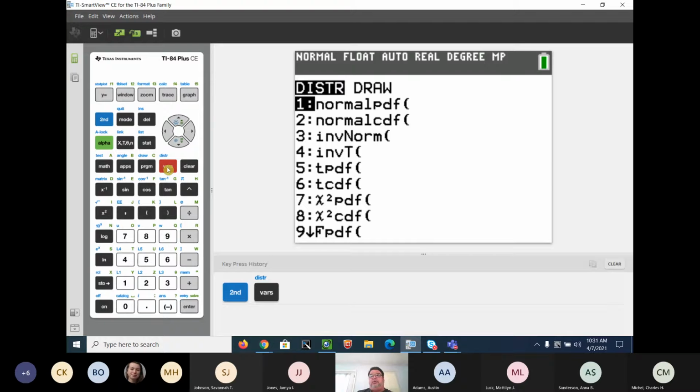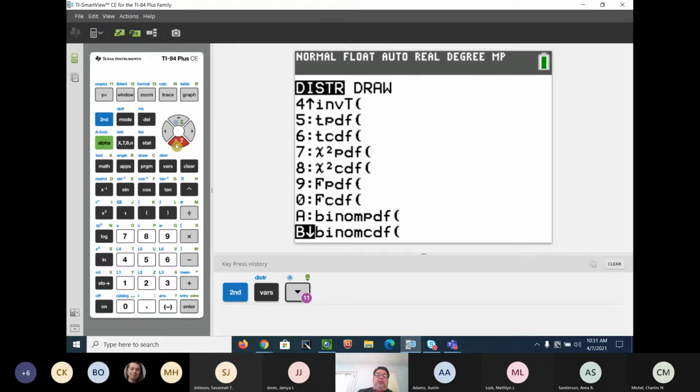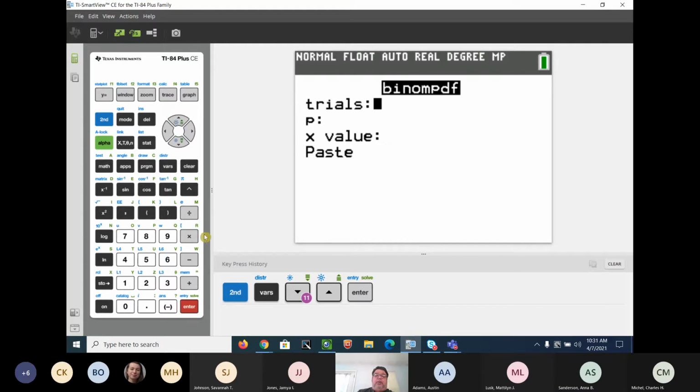Giving everybody a second or two to get there. Second VARS. VARS is right beside the clear button. VARS stands for variables. Okay. Second VARS. Scroll down to binomial PDF and CDF, A and B. We want PDF for precise. Hit enter. And now type in N, P, X.